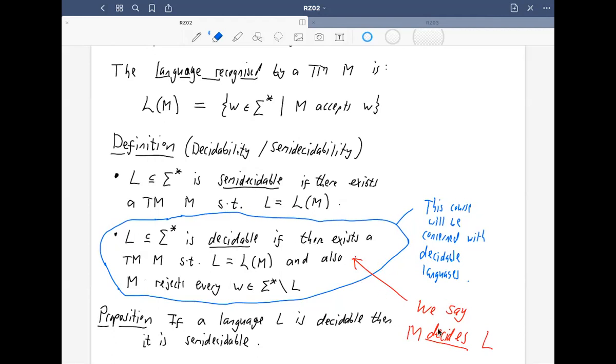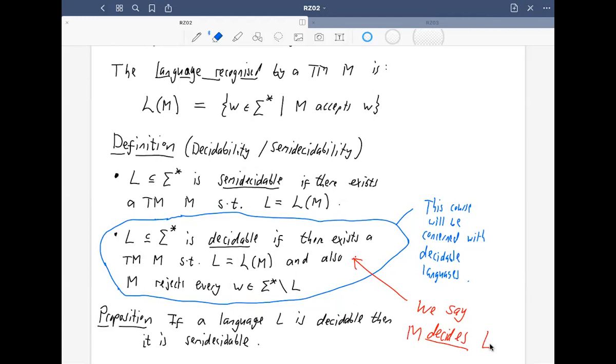And the important thing I've added since last week is the terminology: we say that the Turing machine M decides the language L if it does this. L is a language, a set of words.